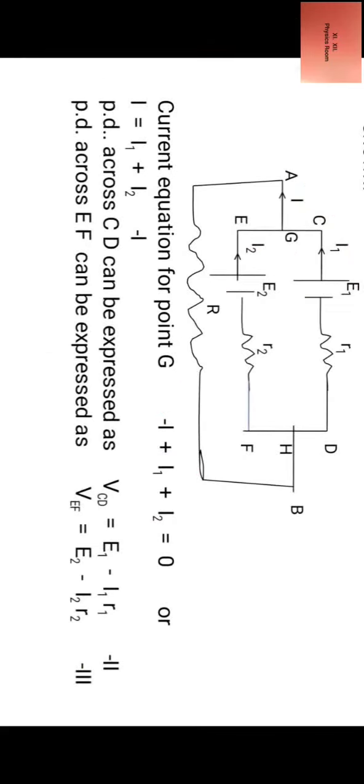Now since the cells are connected across the same points G and H, the PD across EF must be equal to the PD across CD.